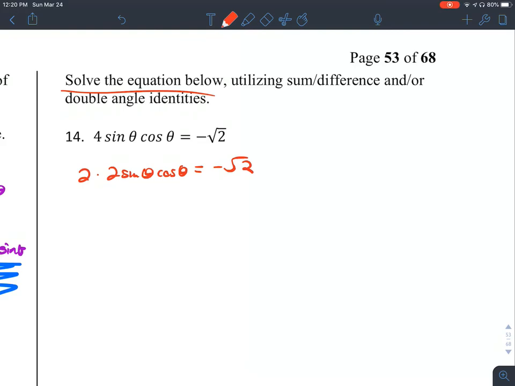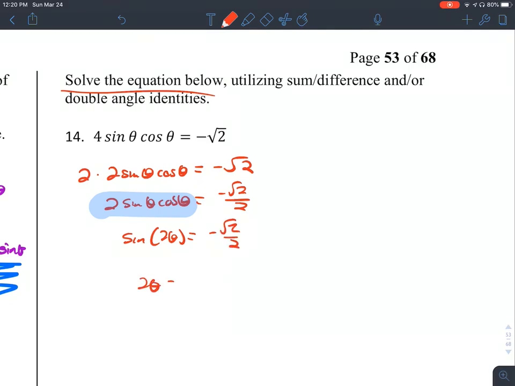Well, I could divide both sides by 2. And then I recognize this is the double angle identity for sine, which is sine of 2 theta. Let's get 2 theta by itself by sine inversing both sides of the equation.